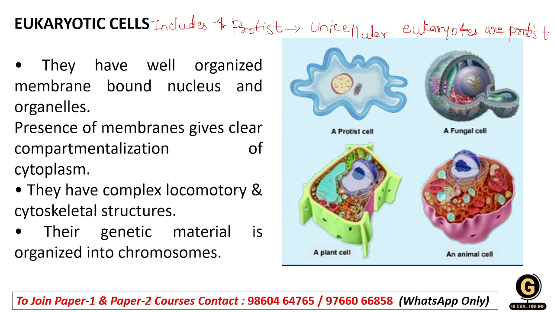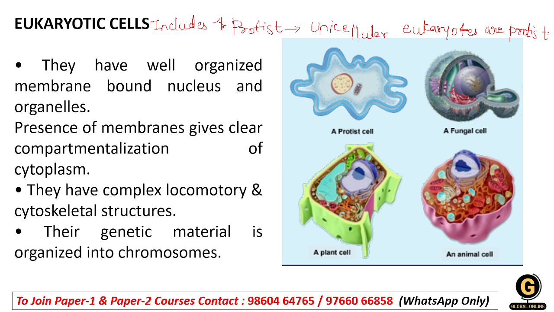So what are the characteristics? Eukaryotic cells are the cells which have a true nucleus in them. They include protists.